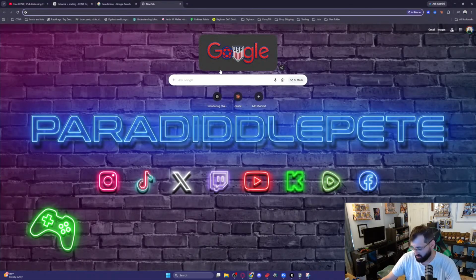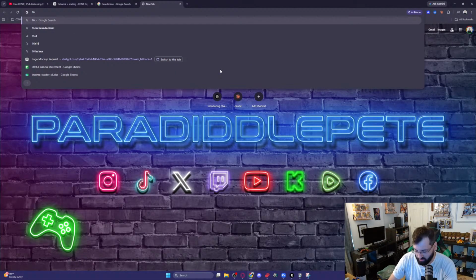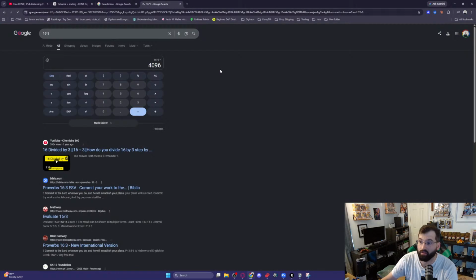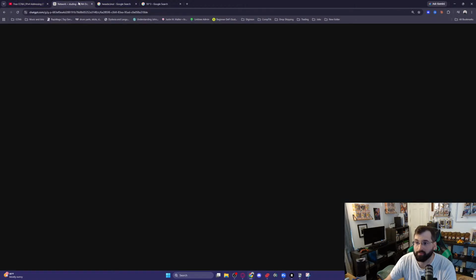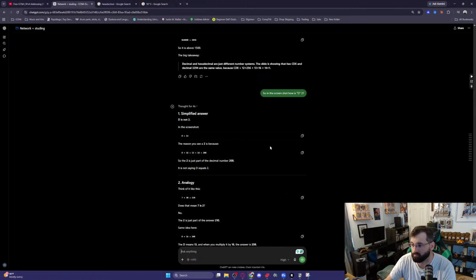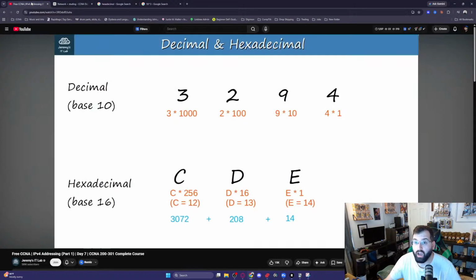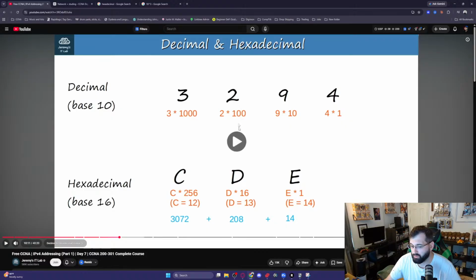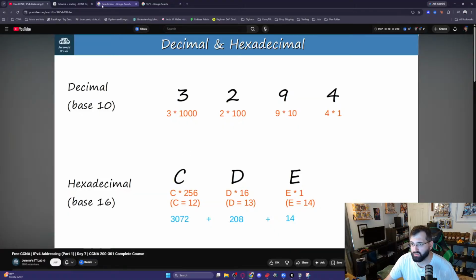Is that right? 16, where's the stupid caret key? To the power of 3. No, not even close. In the screenshot, D equals 13. Oh, maybe because I'm connecting it between these. You get 3,002. E equals 14, D equals 13, C equals 12. So then where did the 16 and 256 come from?